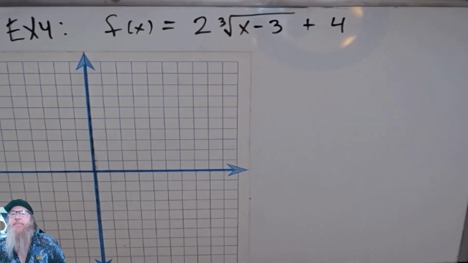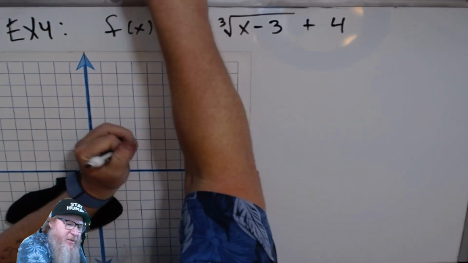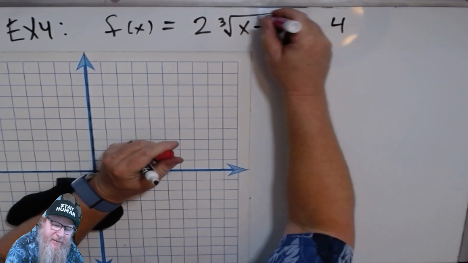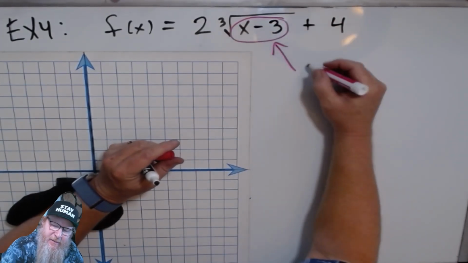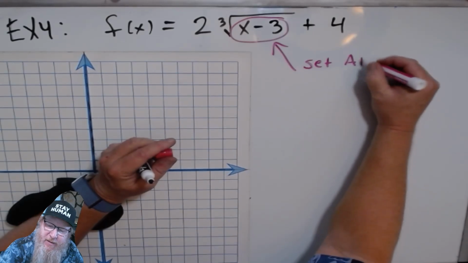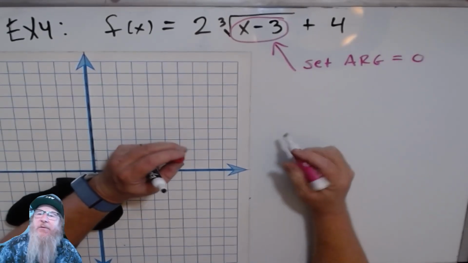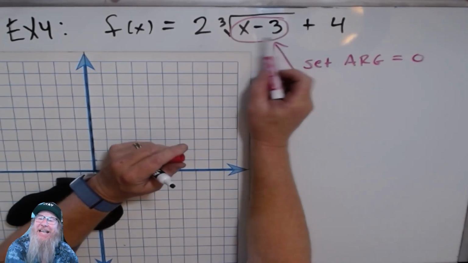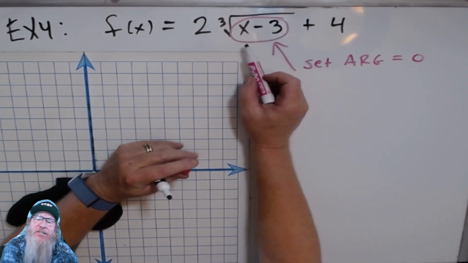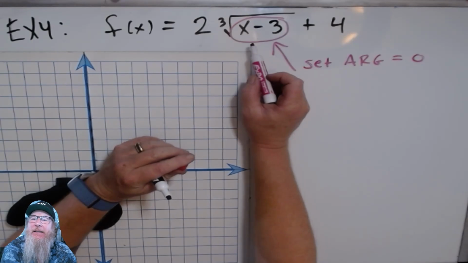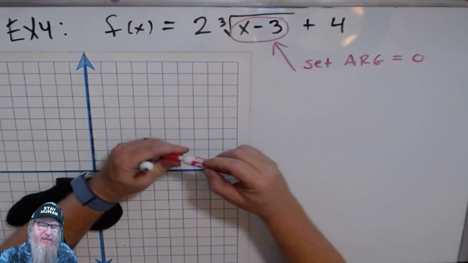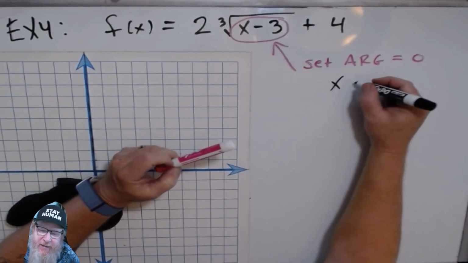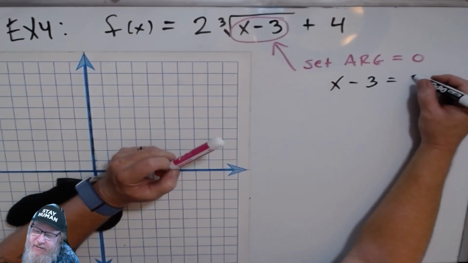Something like that. So again, you want to set the argument equal to 0. It's also known as the radicand, or you could just say the inside. So that's going to tell us where the critical value is.